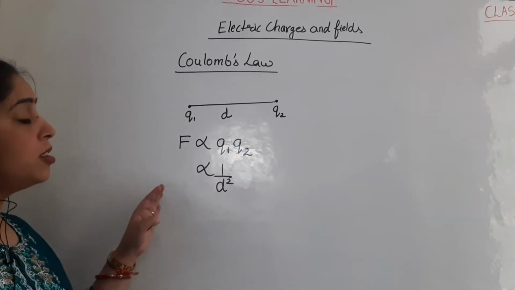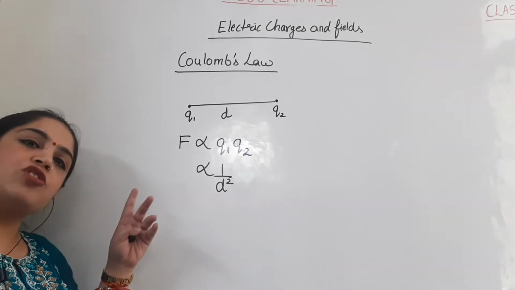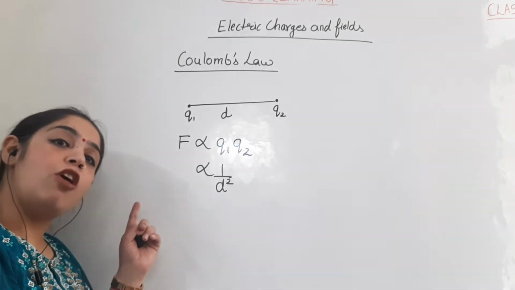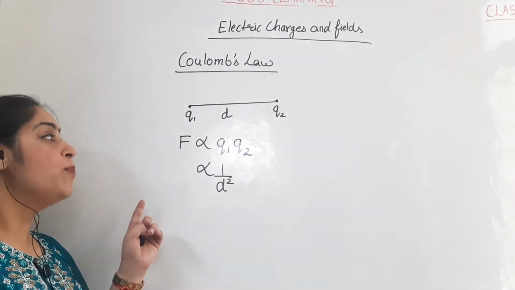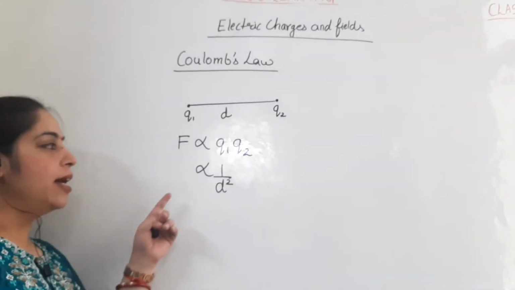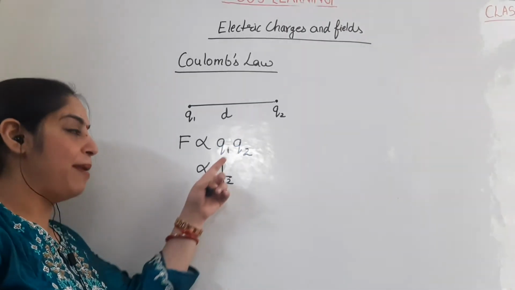between them. This law is absolutely similar in lines to the gravitational law, that is Newton's law of gravitation that you have studied in class 11th. It follows the inverse square proportionality with the distance and the magnitude of the charges.